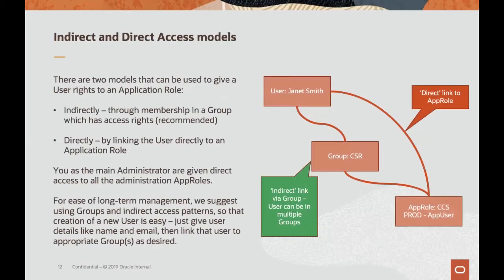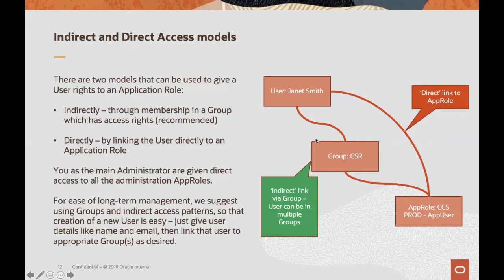This is a simplified diagram, but the idea here is that a user, in this example Janet Smith, could either be directly linked to an application role or linked via membership in a group. And our recommendation for most purposes is that you'll want to create groups that are linked to app roles.